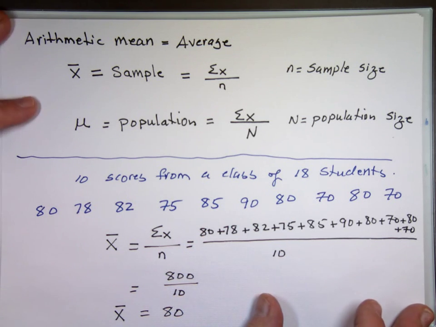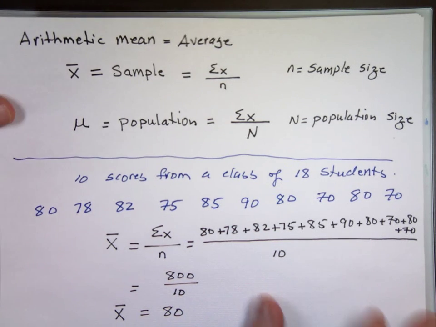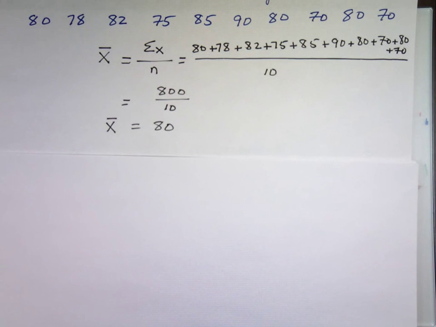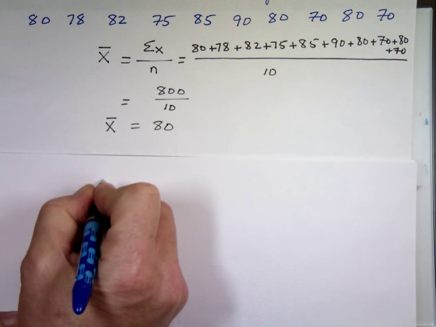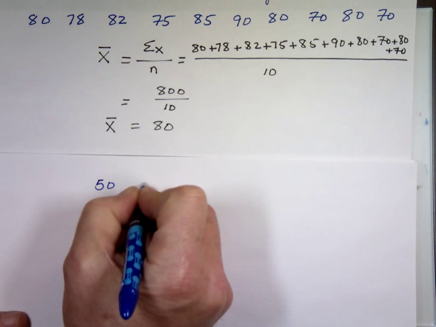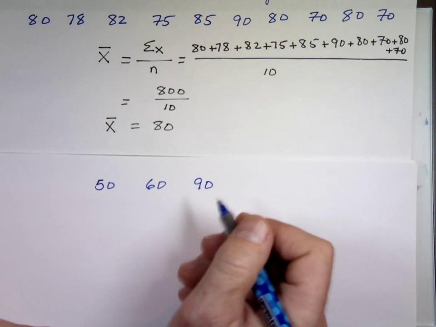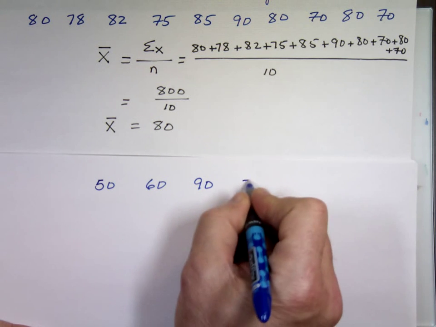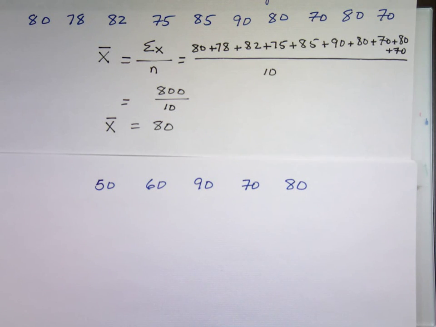Now let's take my circuit class. Circuit class, I only have 5 students in it. So these are the first quiz result for my circuit class. 50, 60, 90, 70, 80. There's only 5 students in the class.